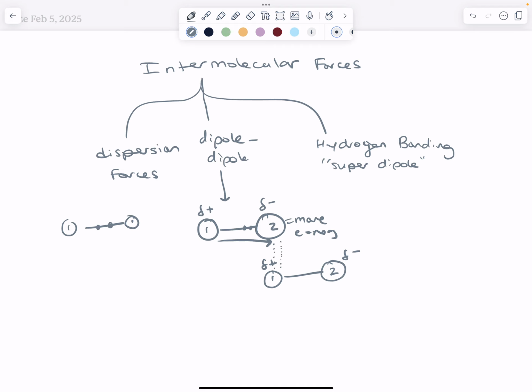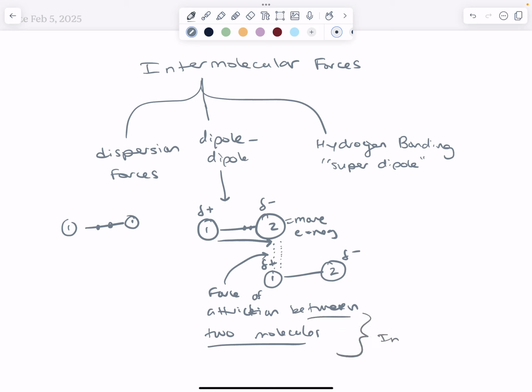So intermolecular forces are this force of attraction between two molecules. That's where I'm getting at: intermolecular, so between two molecules, and then forces is the force of attraction.